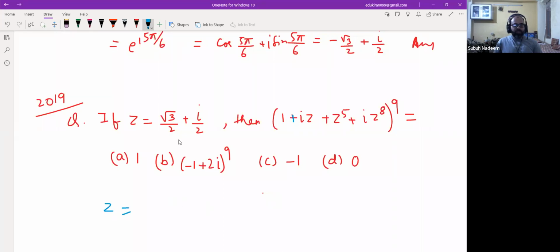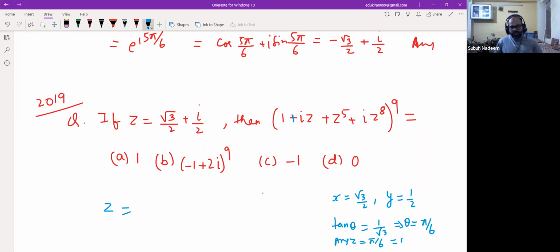So after changing it into polar form, x is equal to root 3 by 2, y is equal to 1 by 2. So this is in the first quadrant. If you find tan theta, it will be y by x, which is 1 by root 3. So theta is equal to pi by 6, 30 degrees. And the argument of z will also be pi by 6, same as theta, because it is in the first quadrant.